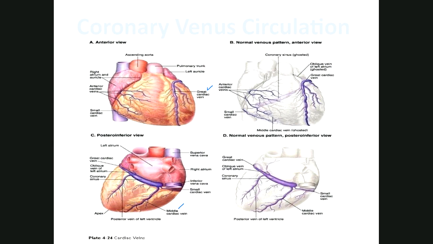We can see the left atrium here, with the pulmonary veins coming into the left atrium. We can see the superior and inferior vena cava, and also this large coronary sinus that travels in the back of the heart. And we can see the middle cardiac vein in the back.